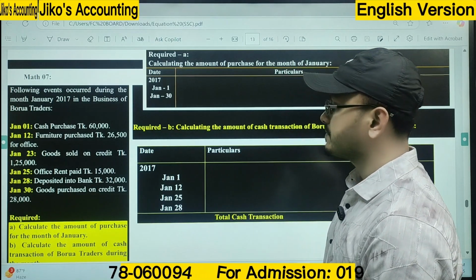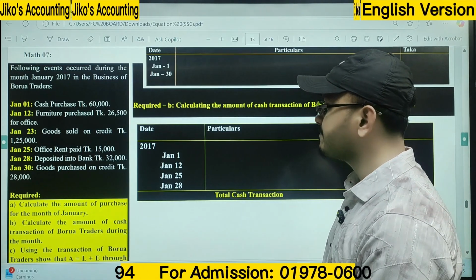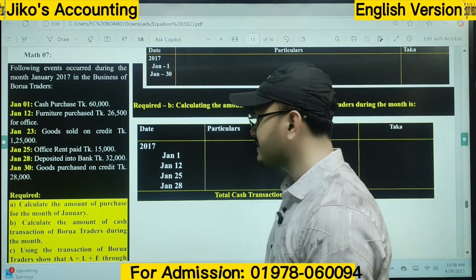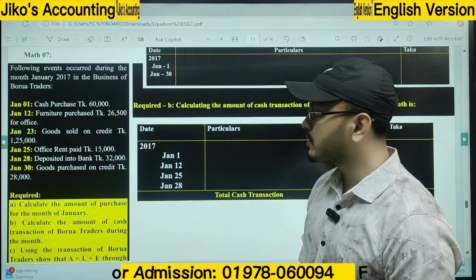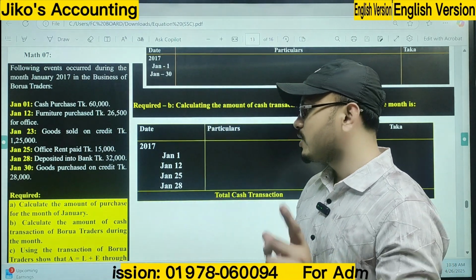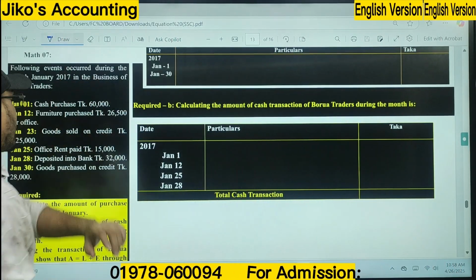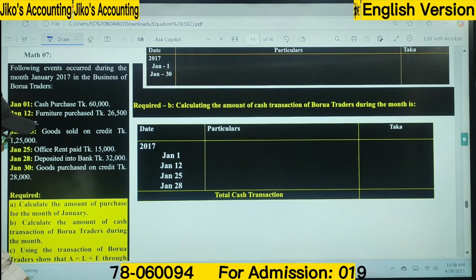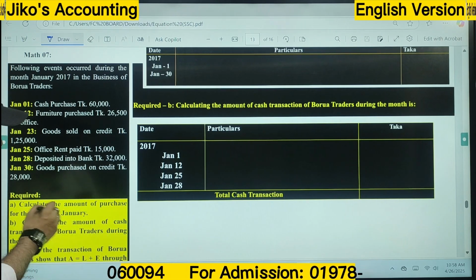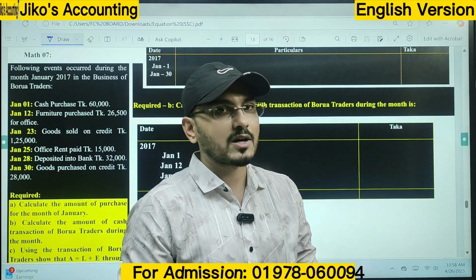First of all, we have to figure out what we have been told to do. Okay, sir? So move to our requirements. Our first requirement is to calculate the amount of purchase for the month of January. We have to figure out the total purchase amount, but there's a critical point: purchase for the month. Here, it isn't even mentioned whether it is a cash or on account purchase.